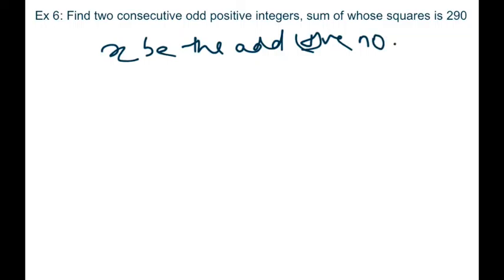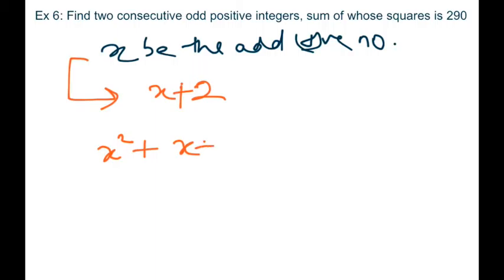Which means the odd positive integer just greater than x is x plus 2. And it is given that x square plus (x plus 2) whole square is nothing but 290. Right?